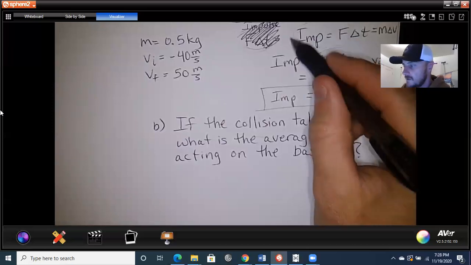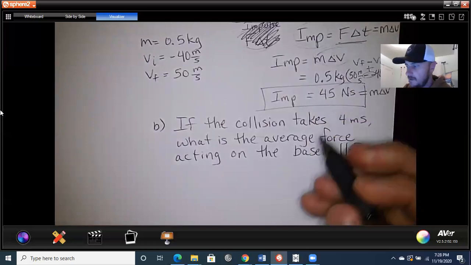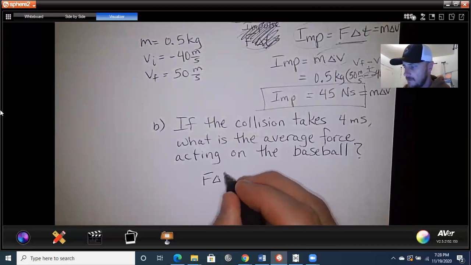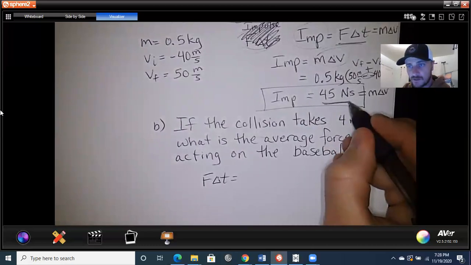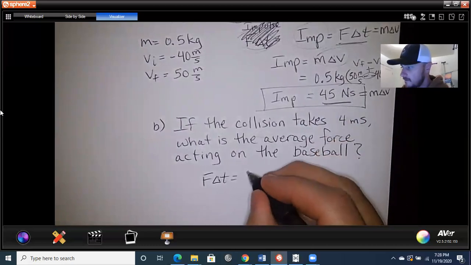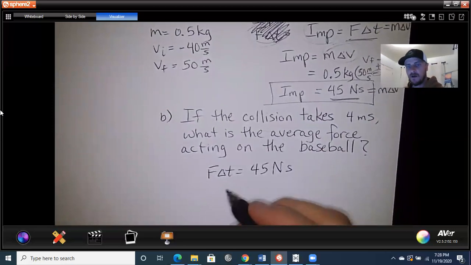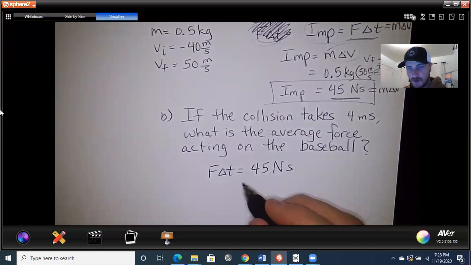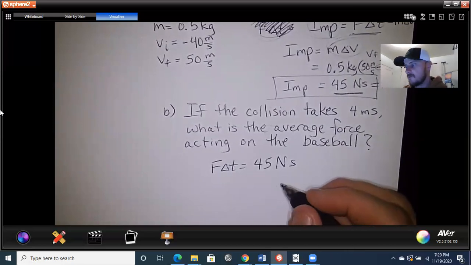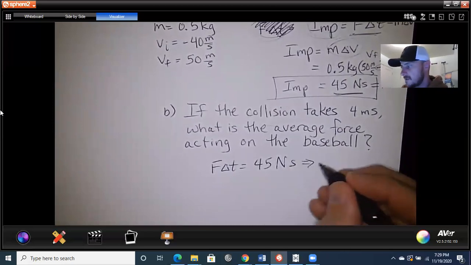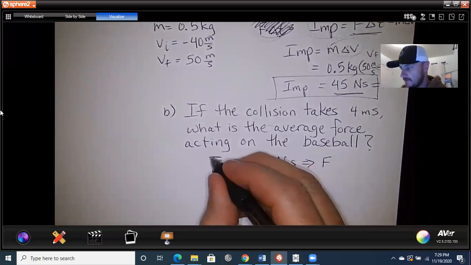What else is impulse equal to? It's equal to F delta T. So I could say F delta T equals this answer that I just found for impulse, right? 45 Newton seconds. And now I could divide both sides by delta T. So let's rewrite this to say F, and this is an average force, right?